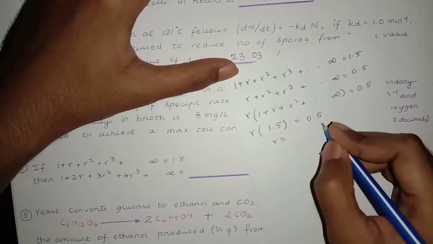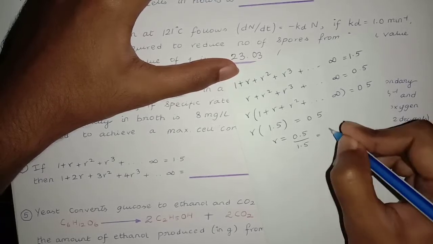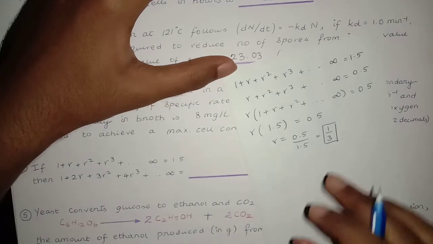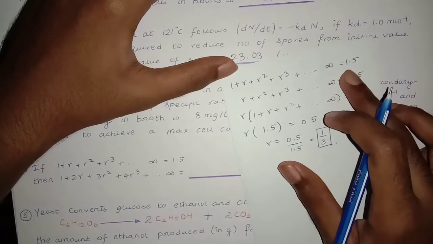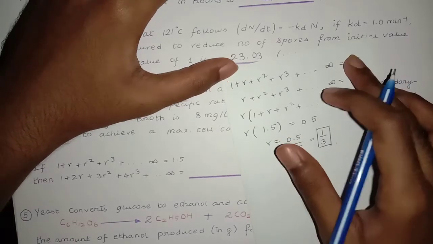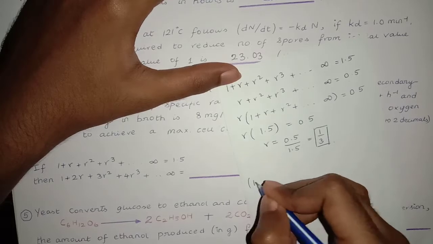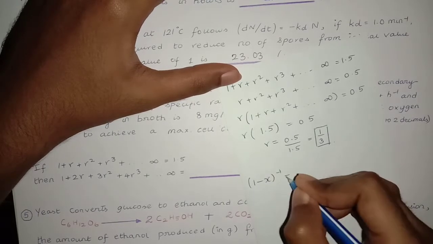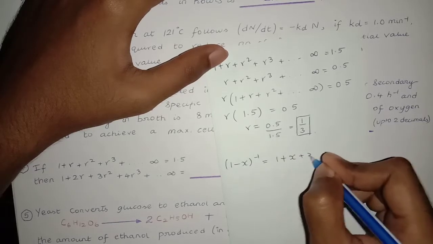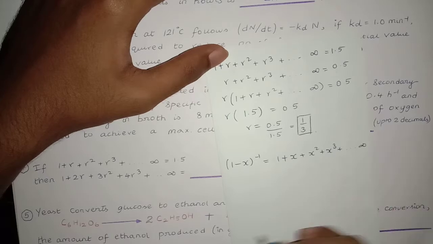So the value of r is 0.5 over 1.5, which is nothing but 1 by 3. And I have initially mentioned that this is a geometric progression series, and we can write this series in a form like this: (1 - x)^-1 is equal to 1 + x + x^2 + x^3 + up to infinity.